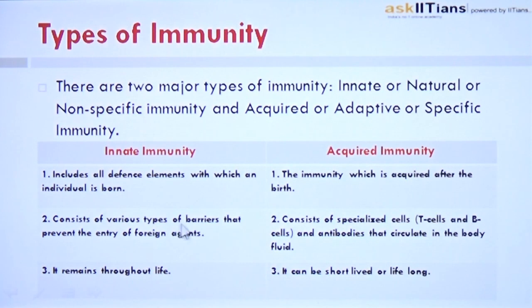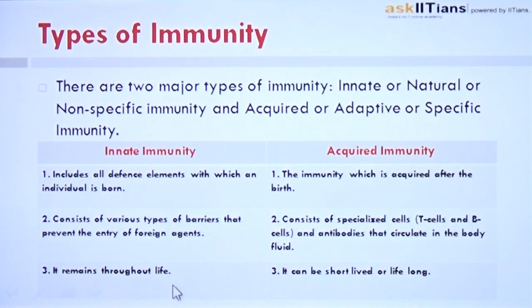Innate immunity consists of barriers. Acquired immunity consists of specialized cells. These cells are T cells and B cells and antibodies, which circulate in the body fluid.